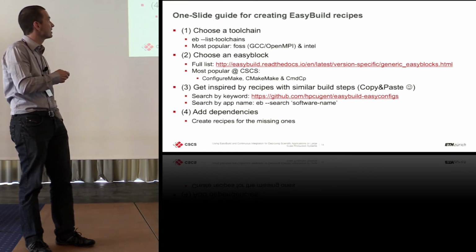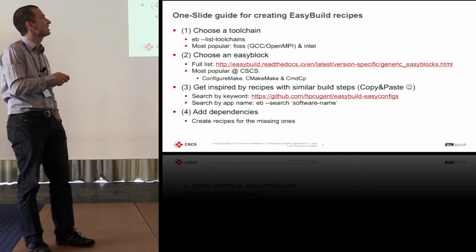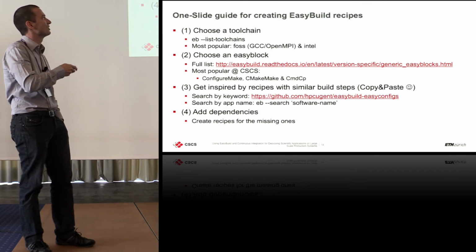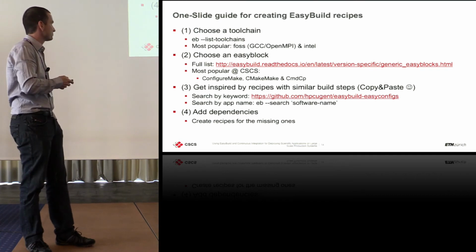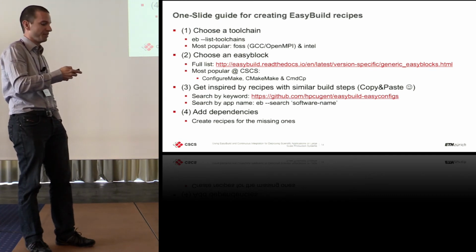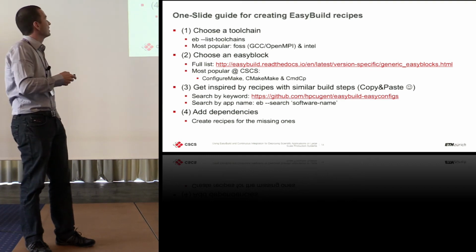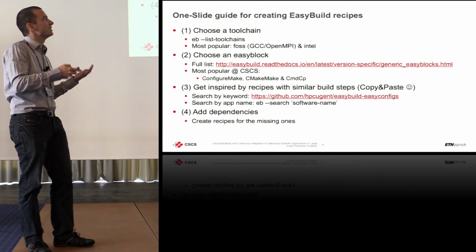We have some generic easyblocks like ConfigureMake or CMakeMake, or one generic one that whenever it doesn't fit the first 2, we go to this one, which is just chaining commands like you would do with bash.